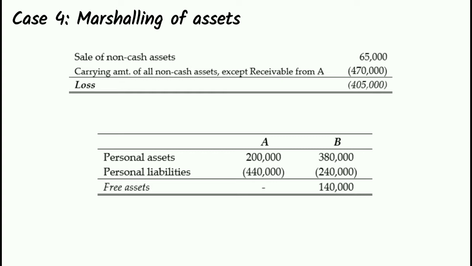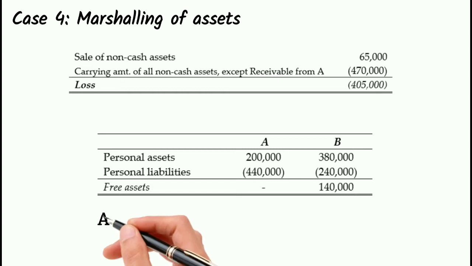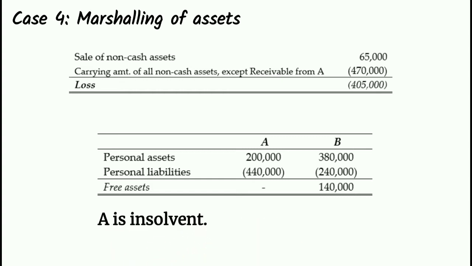Insolvent ang partner kung mas malaki ang kanyang personal liabilities kaysa sa kanyang personal assets. Since mas malaki yung personal liabilities ni A kaysa sa kanyang personal assets, therefore si A ay insolvent. Si B naman ay solvent partner since his personal assets are greater than his personal liabilities.